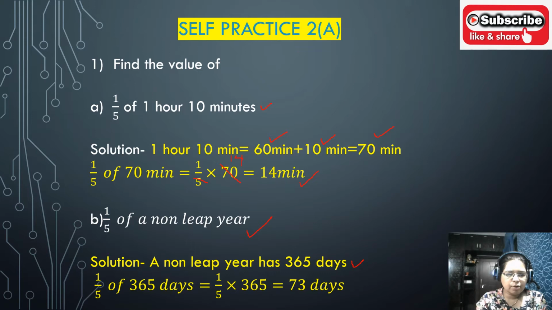So 1 by 5 of a non-leap year is 1 by 5 of 365. 5 multiplied by 73 is 365. So 1 by 5 of a non-leap year is 73 days.